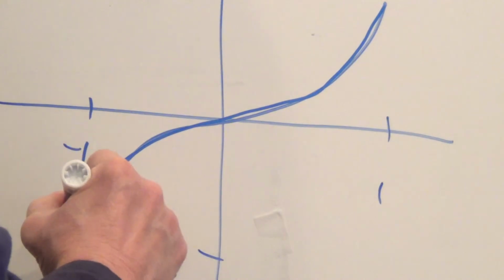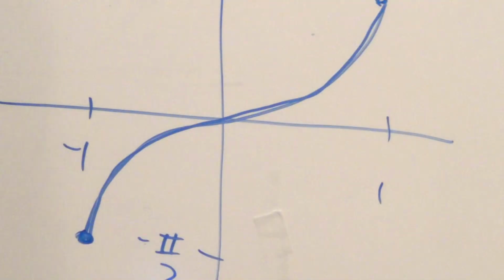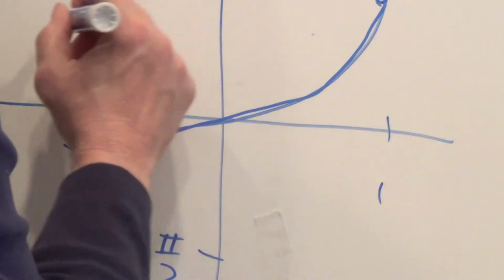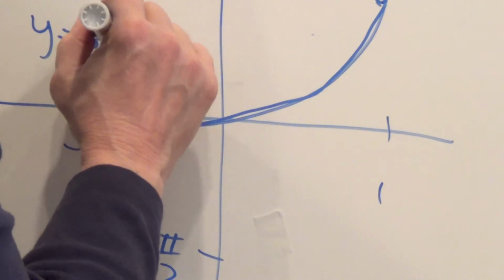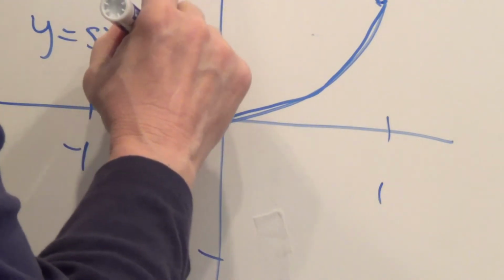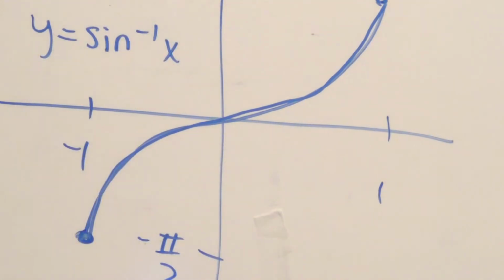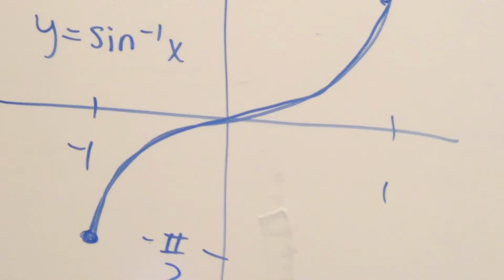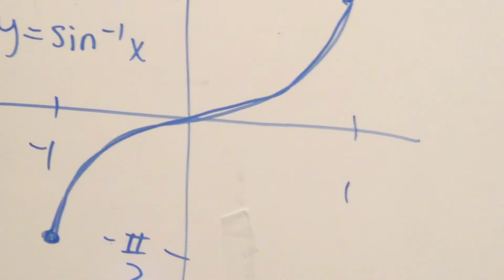And I just showed you why that was with our little parchment paper exercise. So there is the result for arc sine. So this is y equals sine inverse of x.